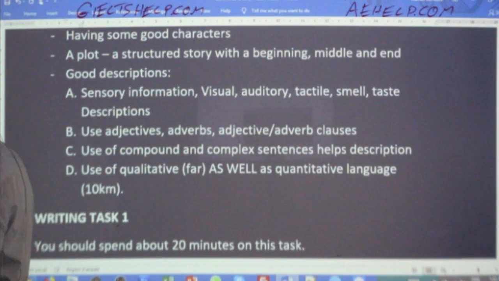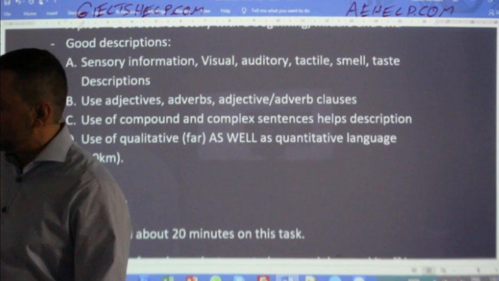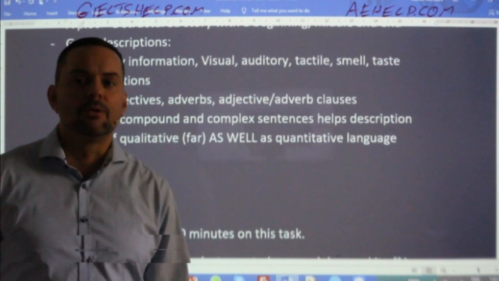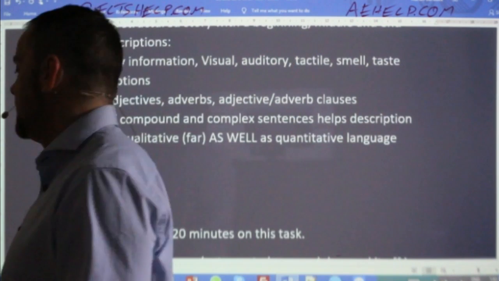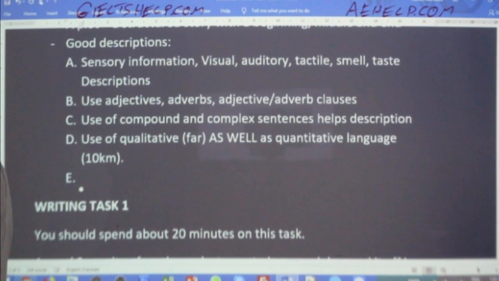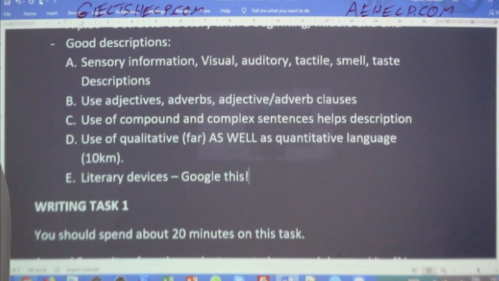So that's quantitative. Now, another last one, a really big one, a big, big bite to chew, is what's called literary devices. Okay, Google this. All right.